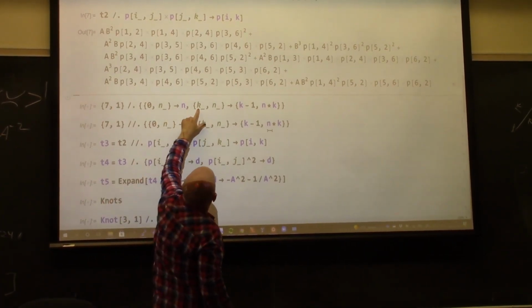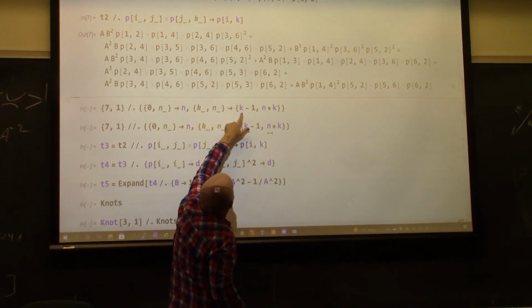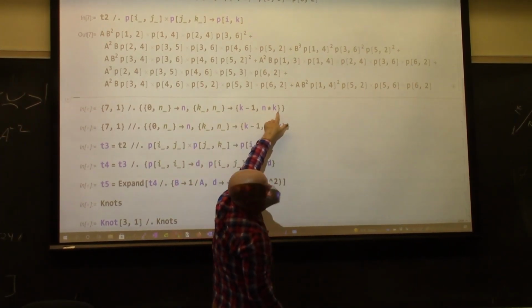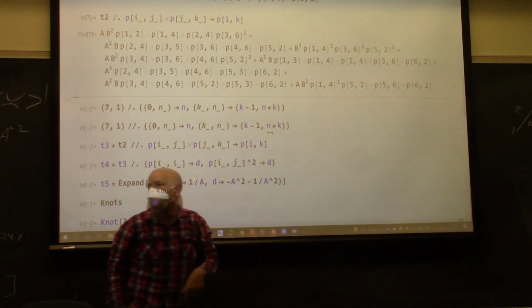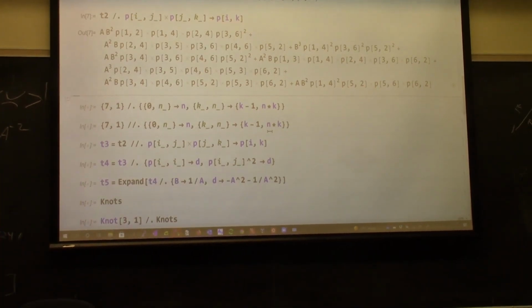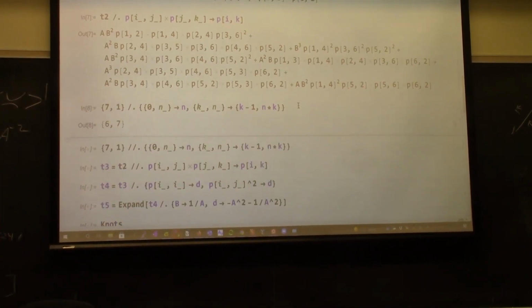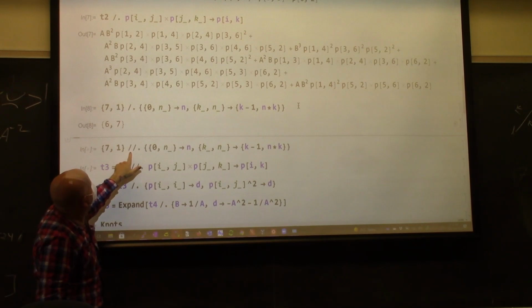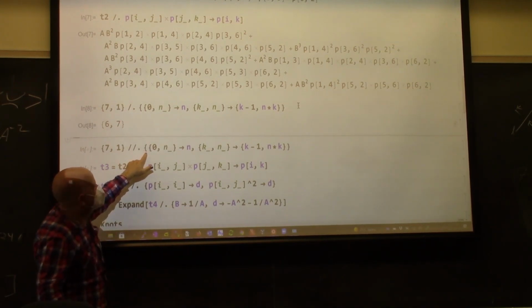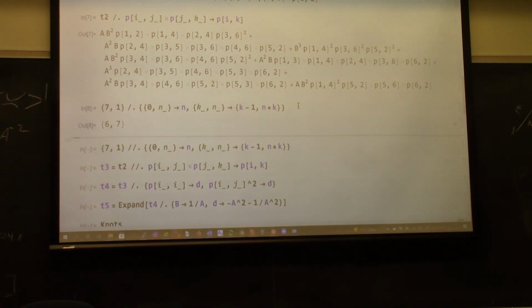And if we are at k, n, then k goes to k minus 1, and you replace the second thing by n times k. So let's do it to 7, 1. And this did one step. It's the 6, 7 that I wrote over there. But now let's do exactly the same thing, but with 2 slashes and a dot. That just means repeat. And it will repeat until we stop.